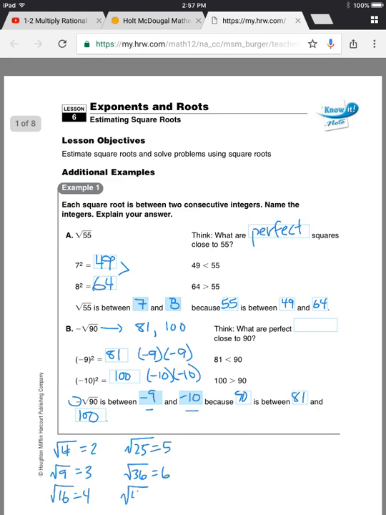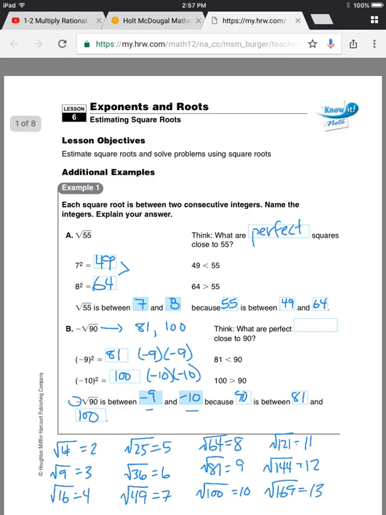Square root of 49 is 7. Square root of 64 is 8. Square root of 81 is 9. Square root of 100 is 10. Square root of 121 is 11. Square root of 144 is 12. Square root of 169 is 13.